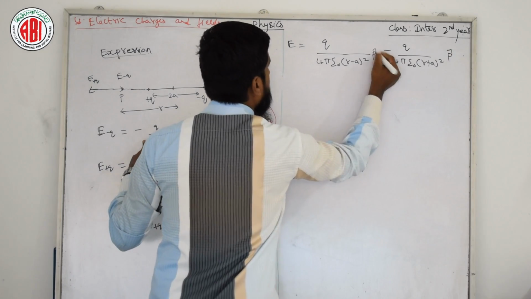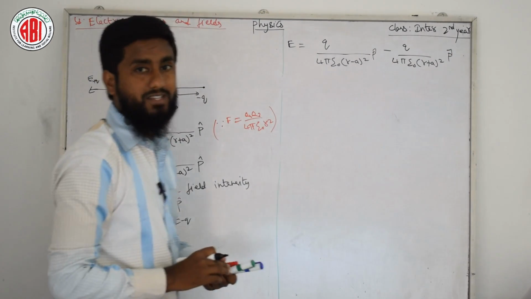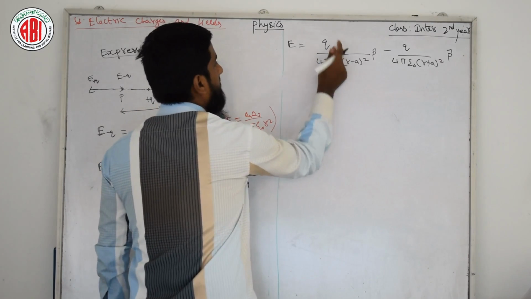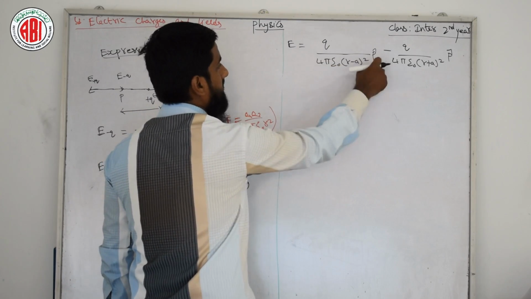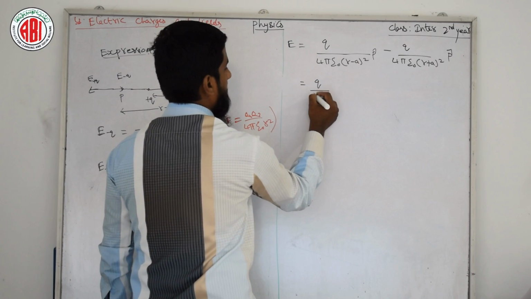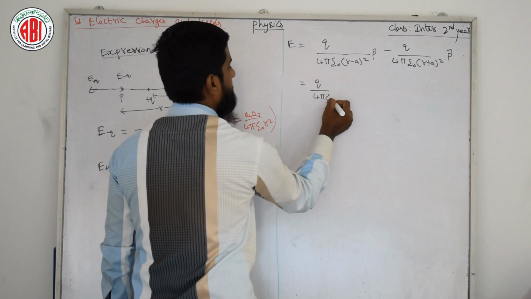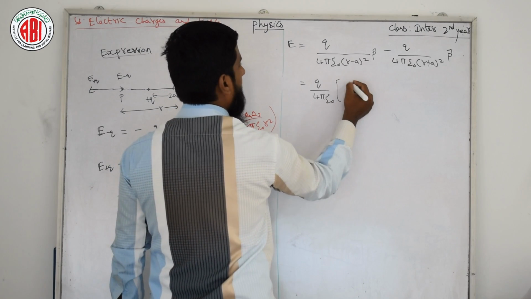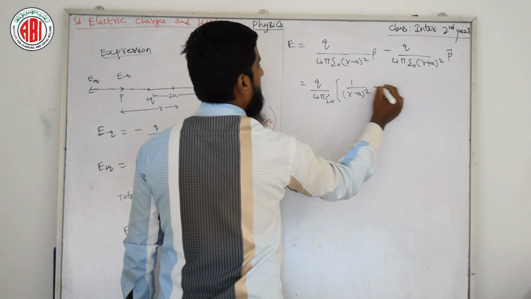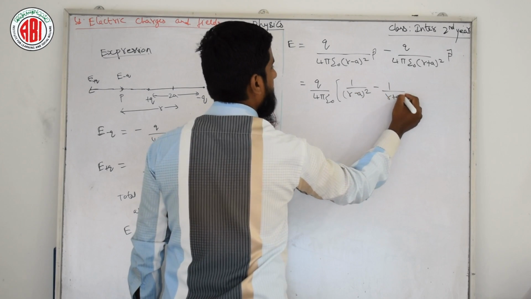Here also P cap. Now we are taking a few things common. We can take Q by 4 pi epsilon naught P cap common. What remains is 1 by R minus A whole square minus 1 by R plus A whole square.